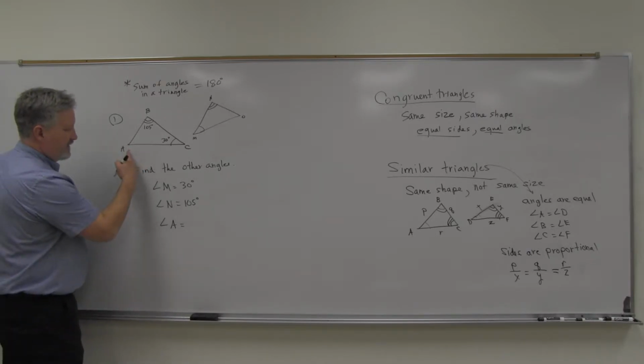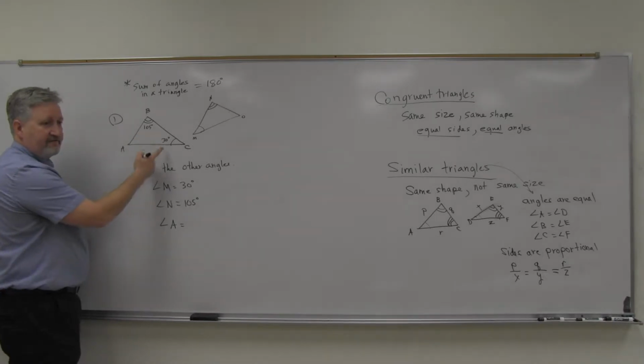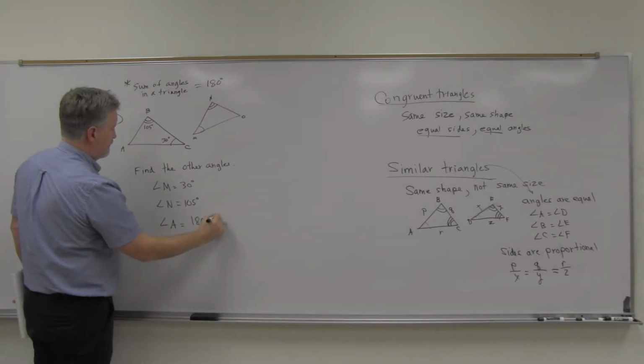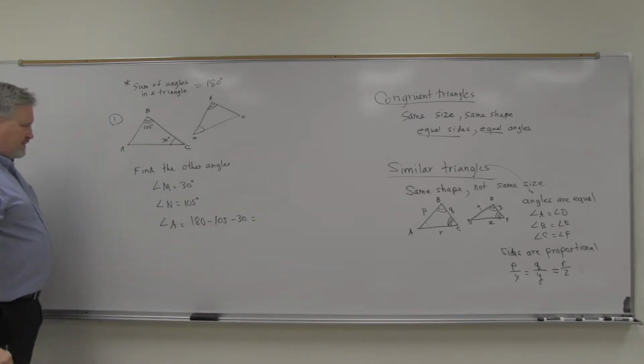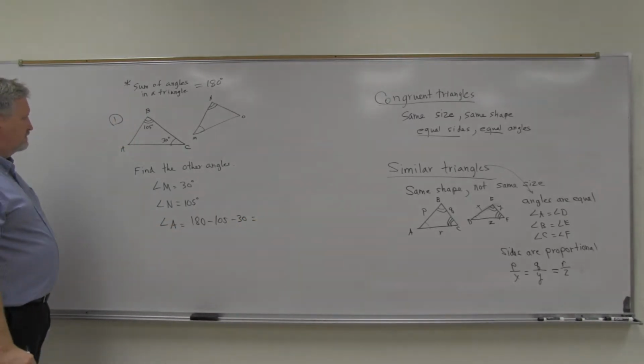So what's angle A? Well, angle A's got to be what's left over out of 180. It's 180 minus these other two. So that would be 45. Yeah, 45 degrees.